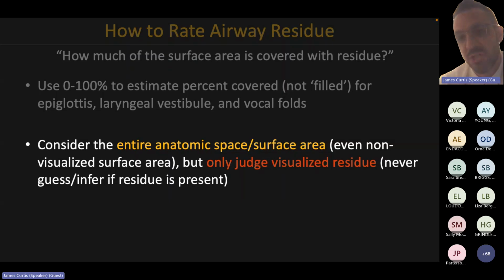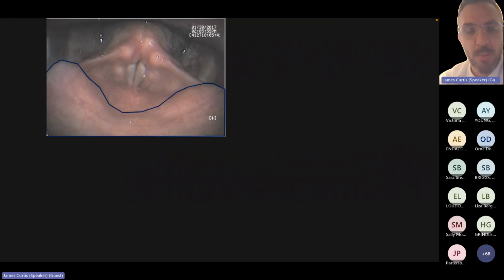But we never make judgments that residue is somewhere if we don't actually see it. So there's, again, another double standard here. We think about visualized and non-visualized anatomic space in terms of the total surface area or anatomic boundary, but we only judge the residue that we see. So we never guess or infer.